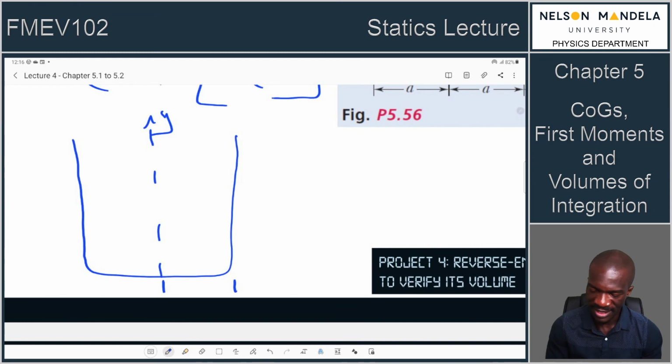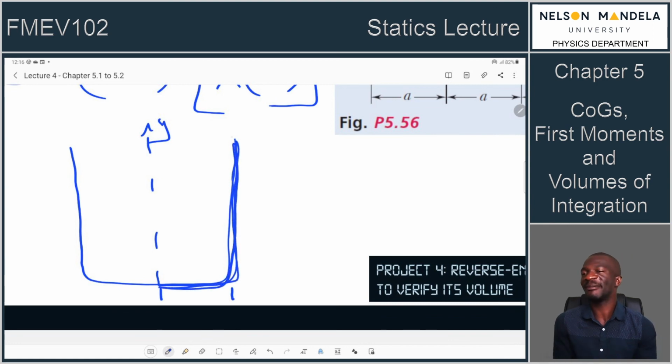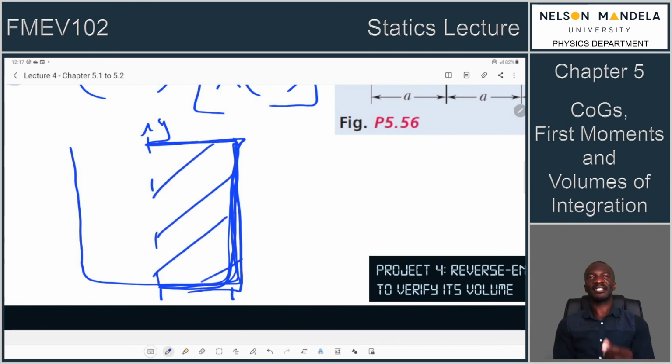So if you want to rotate this particular region about the y-axis, what you need is to define this function. You can actually approximate it to just be a rectangle, so that you can just rotate this rectangle about the vertical axis. When you do that, you generate the volume of your mug.